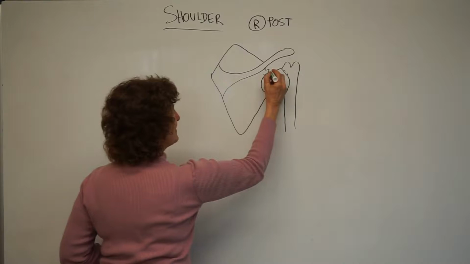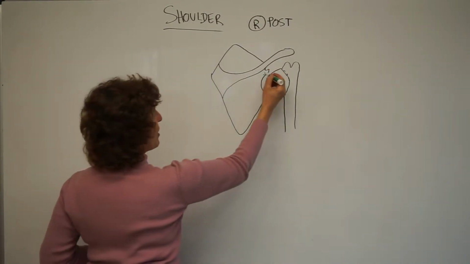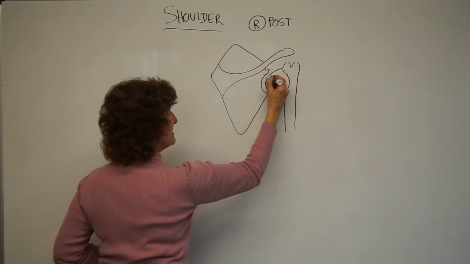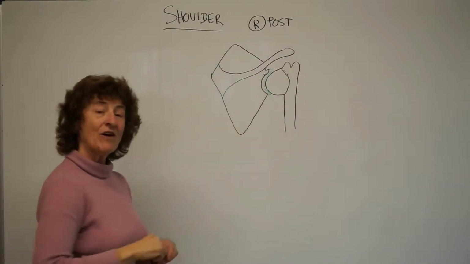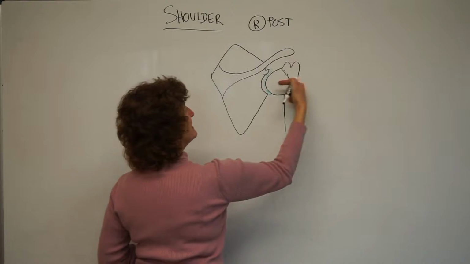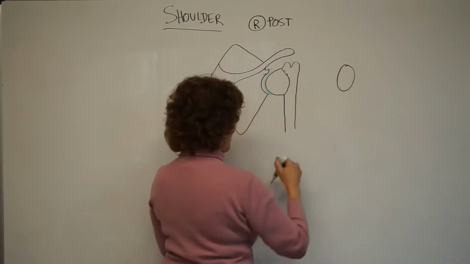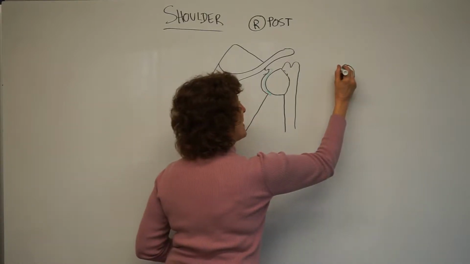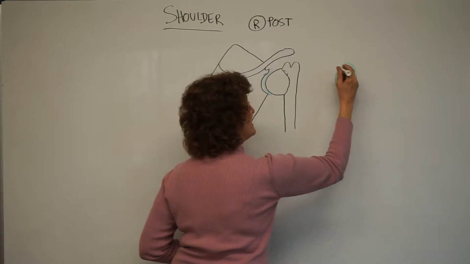So, right here we have an extension beyond the margin of the glenoid of fibrocartilage. That's called the glenoid labrum. If we were to look at this from a lateral view, it's ovoid in shape, and this fibrocartilage goes around the margin of the glenoid, extends beyond it.